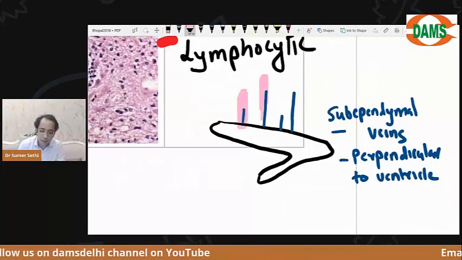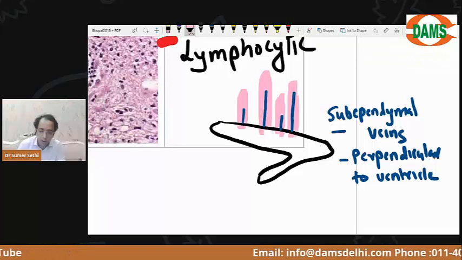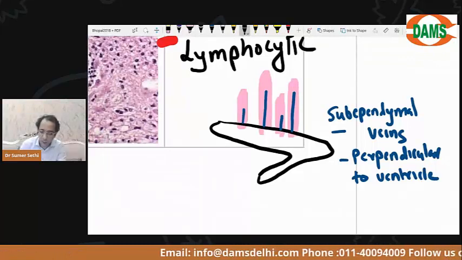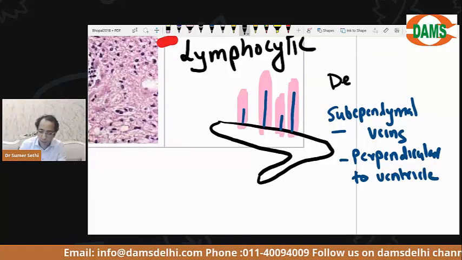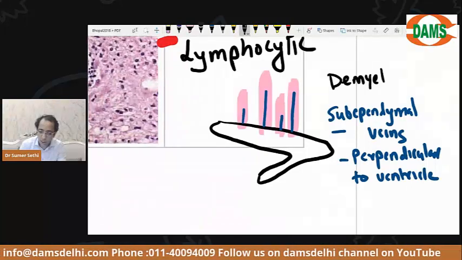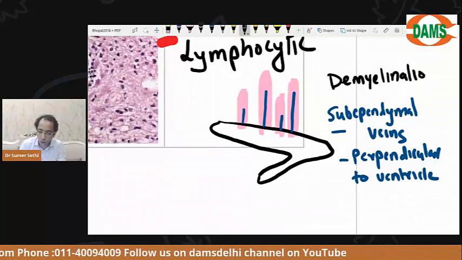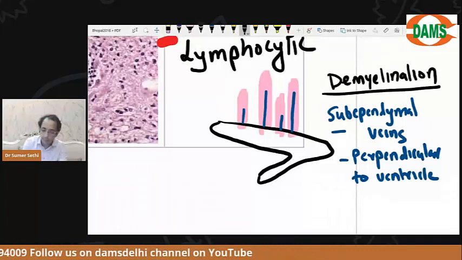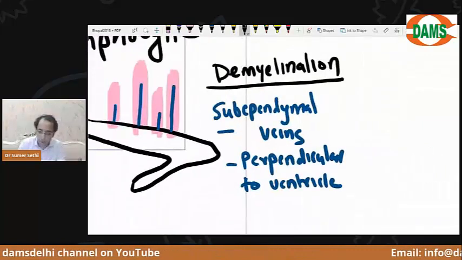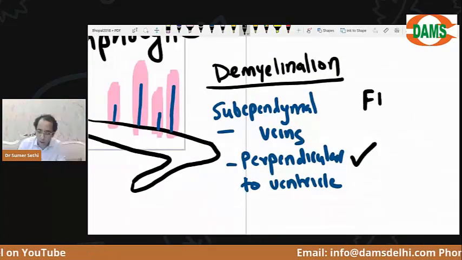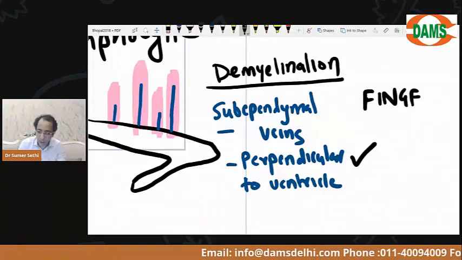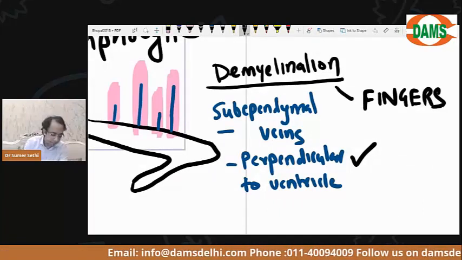Inflammation. And what will this inflammation cause? It will cause demyelination. That means in MS, demyelination would also be seen oriented perpendicular to the ventricle, shaped like fingers.